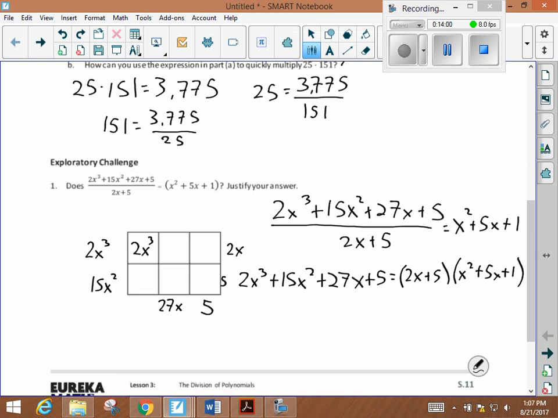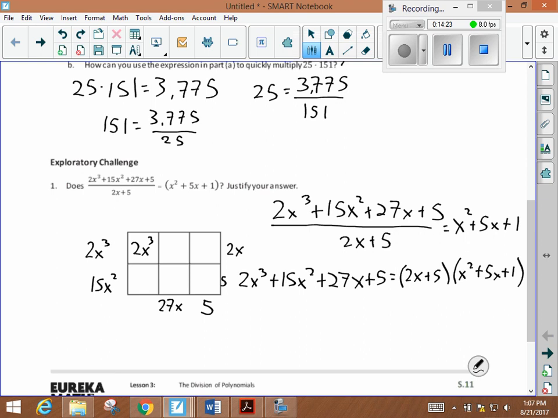It turns out that that top row is going to be the answer to 2x cubed plus 15x squared plus 27x plus 5 divided by 2x plus 5. And just bear with me, it's going to make a lot more sense as we do a whole bunch more problems. This is our first time, so just watch, and then we'll see the pattern for it.